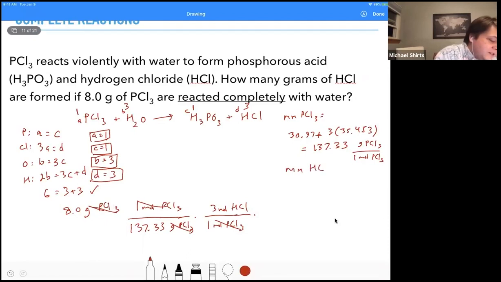The molar mass of HCl is 35.453 plus 1.008, which gives us 36.461 grams of HCl per mole of HCl.